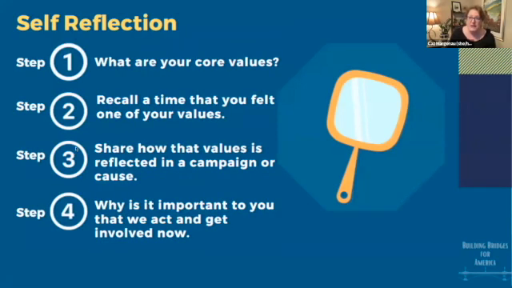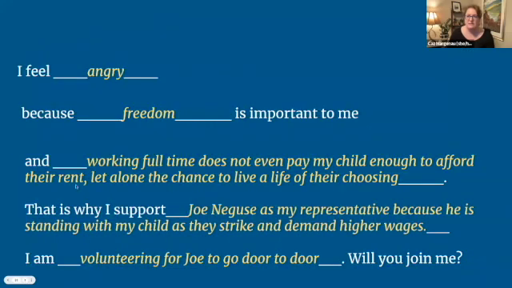All right, so going back to the 4 steps, the final 2 steps are very important to make that pivot from talking about personal stuff to relating it to the work at hand. So connecting it to a campaign and then making that ask, showing why it's so important that they join in.